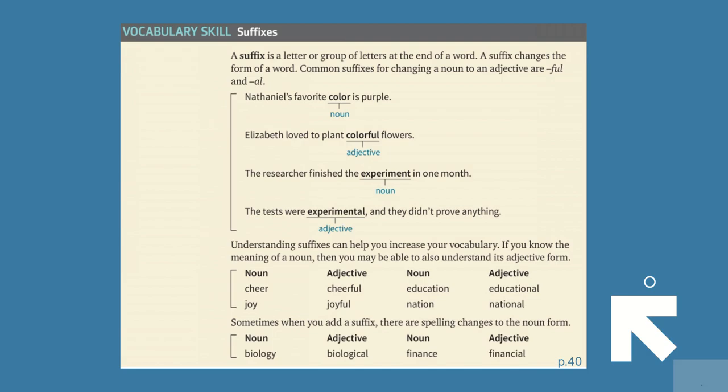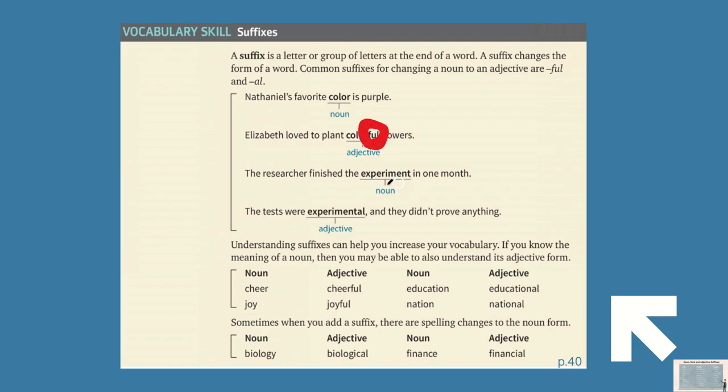So now let's take a look. What is a suffix? A suffix is the ending part of the word, at the end of the word. For example, color and colorful. See? The suffix is FUL.